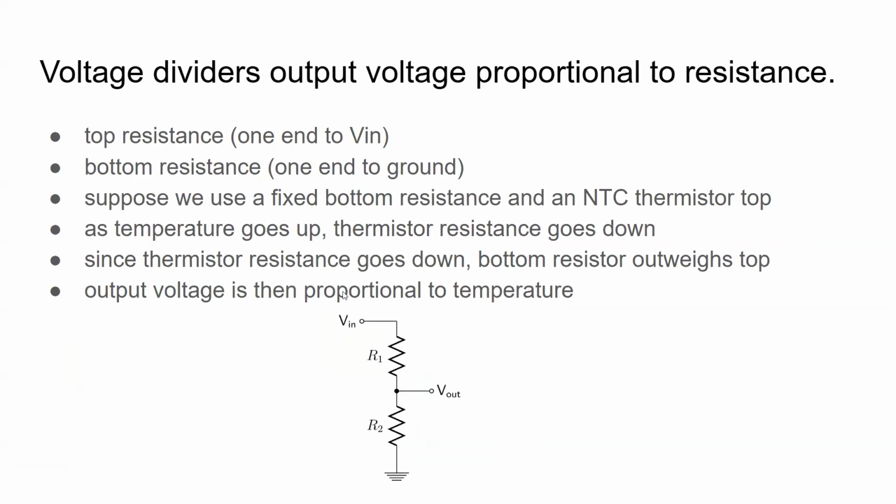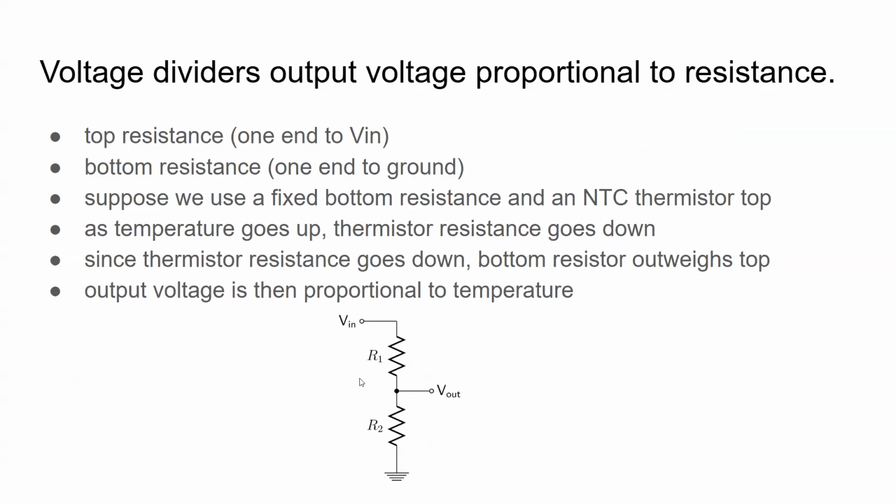This is going into voltage dividers, which we have seen in the past. They output a voltage proportional to resistance. In essence, we have a top resistance and a bottom resistance, and the output voltage is proportional to the bottom resistance. But things get a little tricky if we have variable resistance.